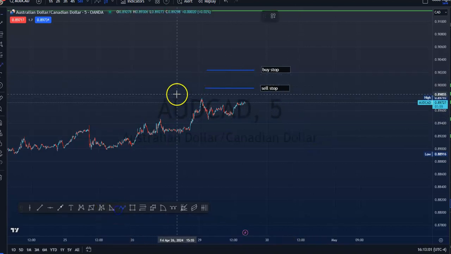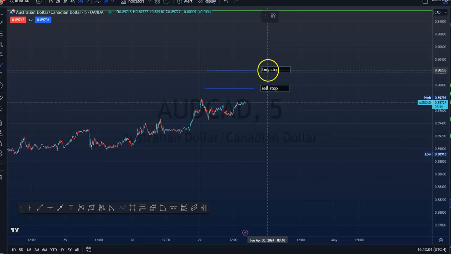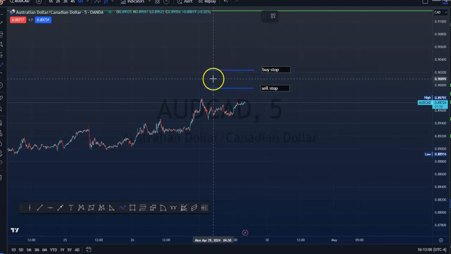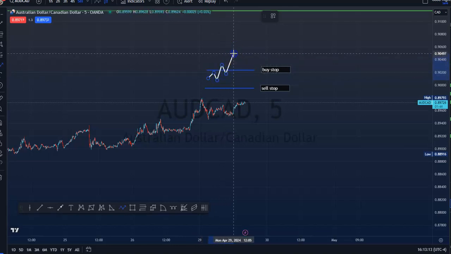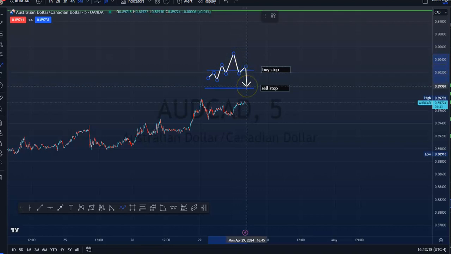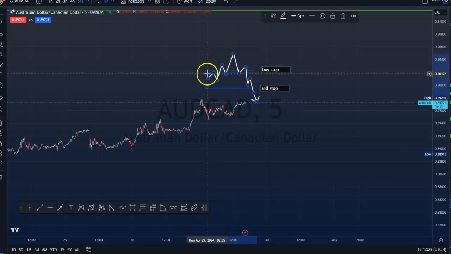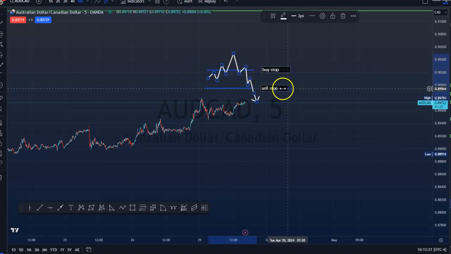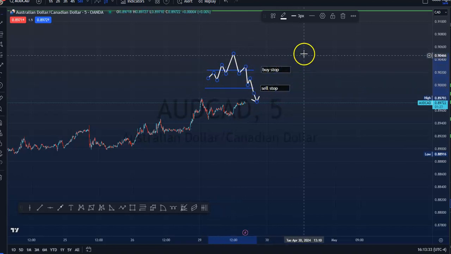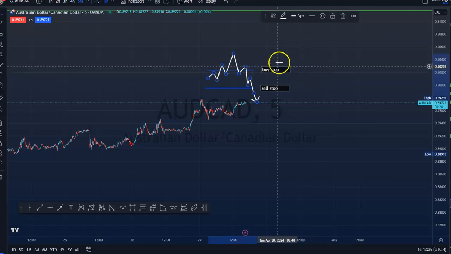Where does price go? You want to put them an even distance apart, right? Price is going to trigger your buy stop, right? You know, dangle around, then trigger your sell stop. But when it triggers your buy stop, you're not closing these.